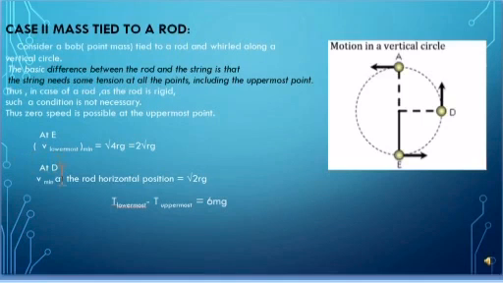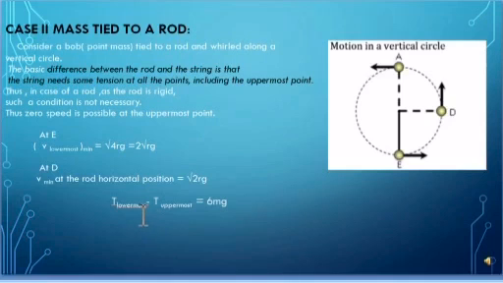Now also at point D, v minimum will be equal to 2 square root of 2rg. This is at the horizontal positions. I have written it directly, you can simplify and find the answer. If you are unable to do these calculations, then just comment, and I will explain it later on.